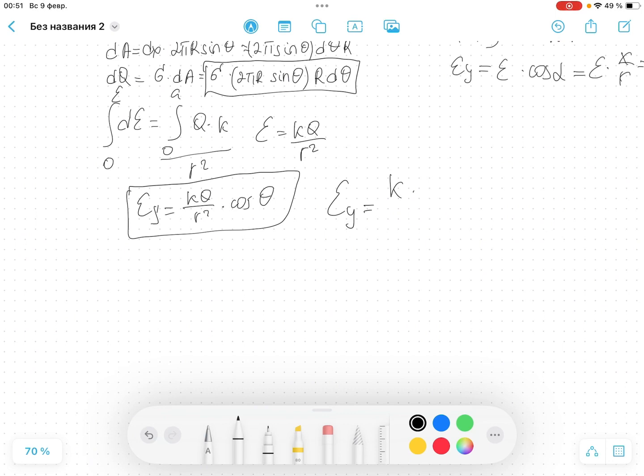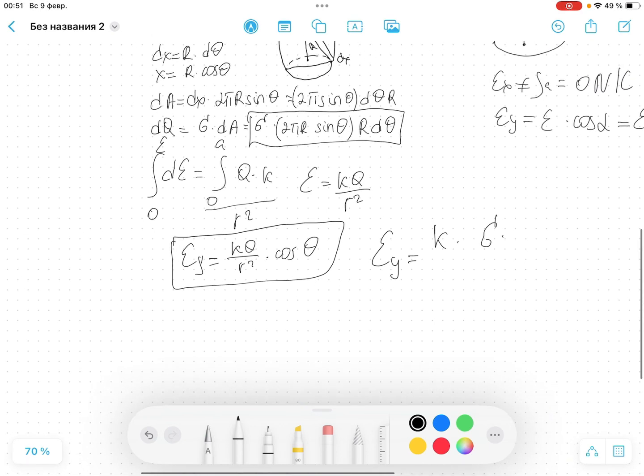Now r squared is cancelled and we have only k sigma 2π sine delta cosine delta d delta from this expression.